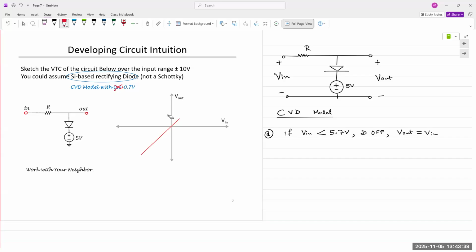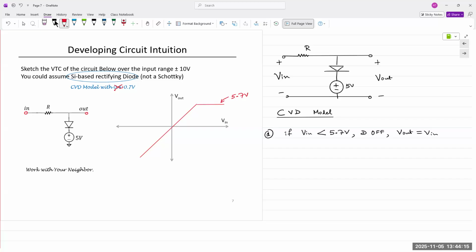So it's got to go right there. Right, V out is equal to V in.